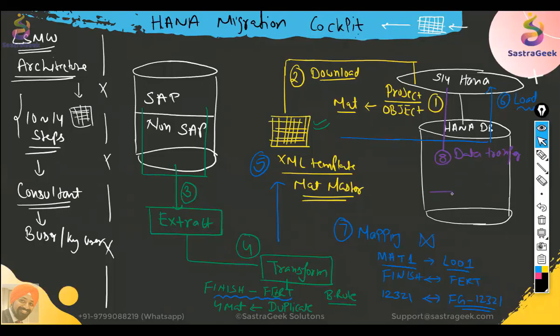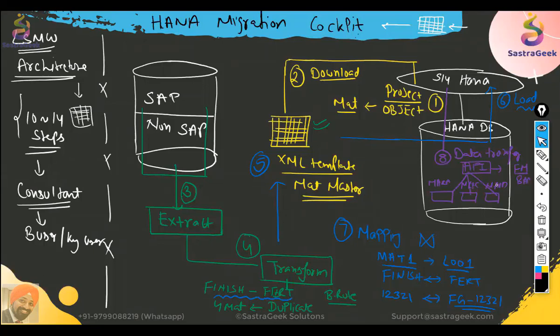At the back end in the HANA database, you would have tables like MARA, MARC, or MARD. These tables would be updated through APIs. These APIs can be your function modules or standard BAPIs, which would be updating the data into these tables. So that would be the full cycle.